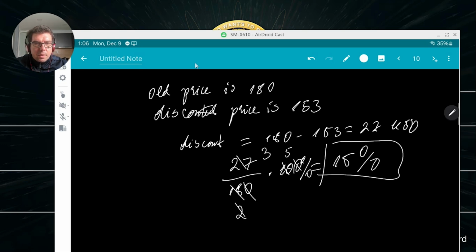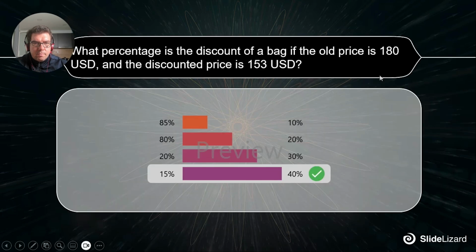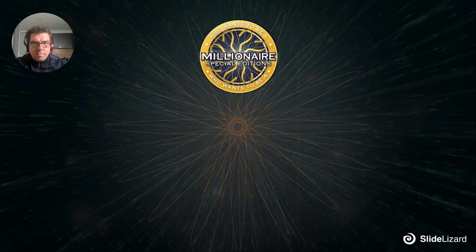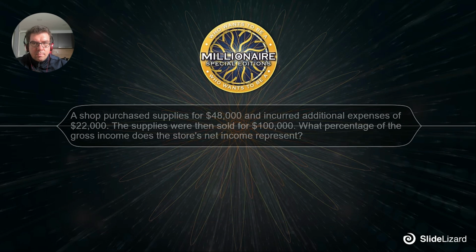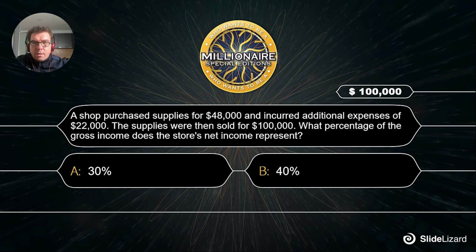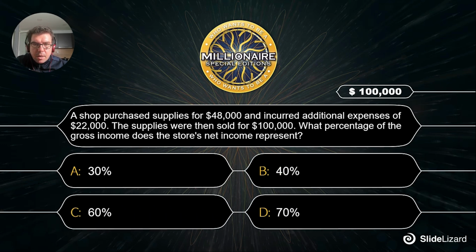Okay, let's go to the next one. A shop purchased supplies for $48,000 and incurred additional expenses of $22,000.